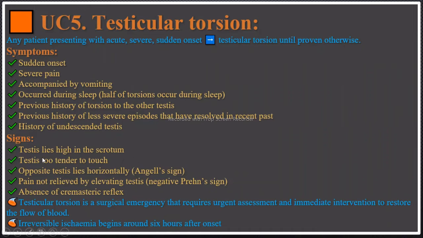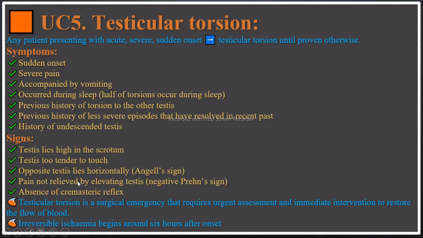Signs: the testis lies high in the scrotum. It can be in the scenario, or the examiner can ask you in a different way, telling you which of the following signs support your diagnosis. If you find the testis lies high in the scrotum, choose it. Testis too tender to touch, choose it. Opposite testis lies horizontally, it's called the angel sign.